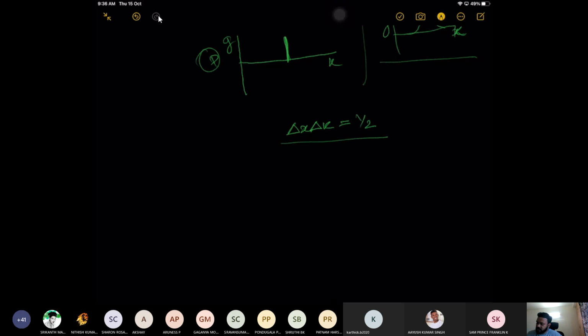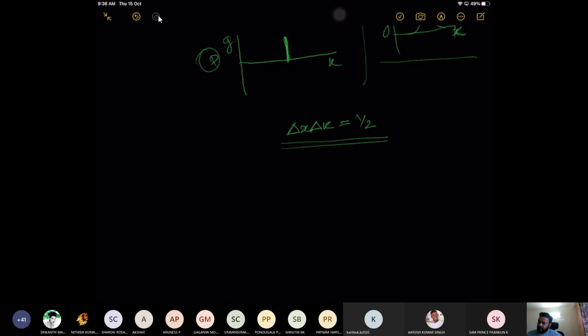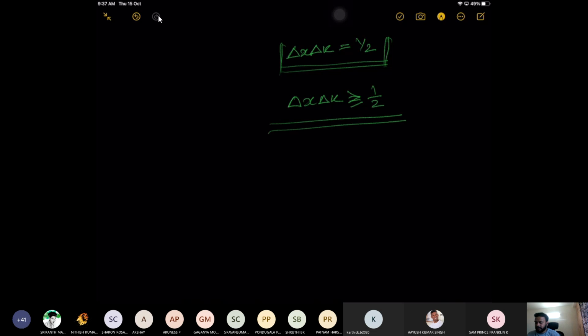This is the least standard deviation you can get for functions of this sort. But our waves are not going to be similar to Gaussian functions all the time, so it is safe to say that the product of the two uncertainties will always be greater than or equal to half.